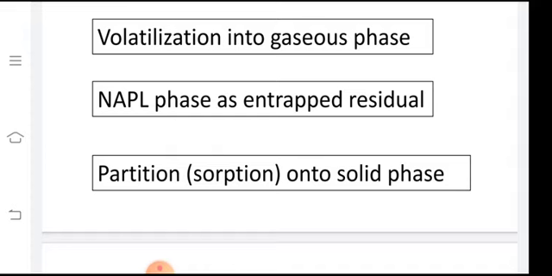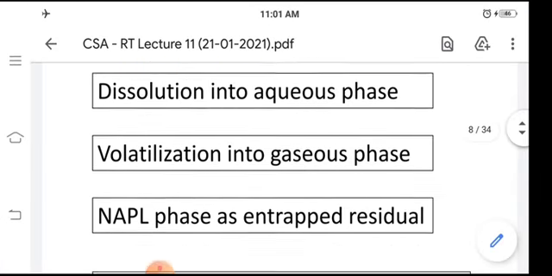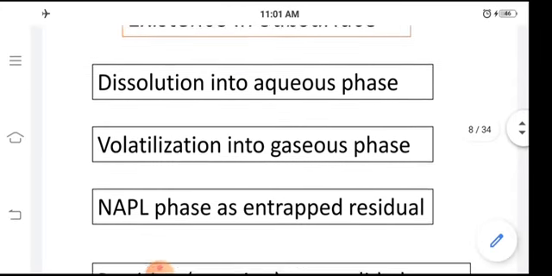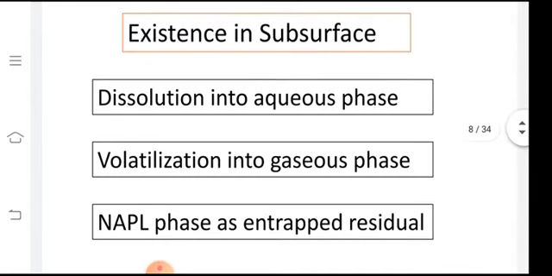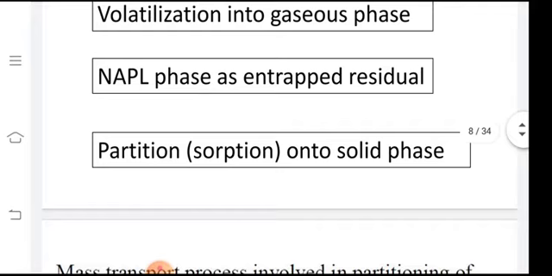This entrapped residual means it can be entrapped by different physical phenomena or geological formations within the soil structure. And existence in subsurface can be linked with the partition, which is actually sorption onto the solid phase.